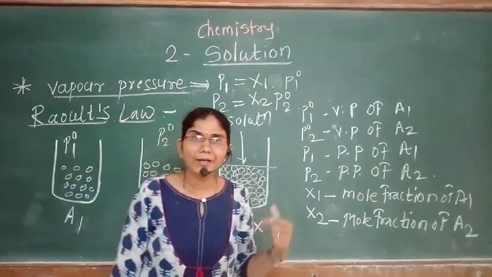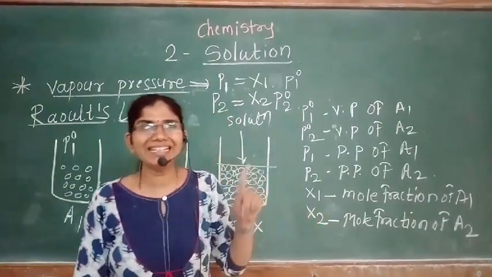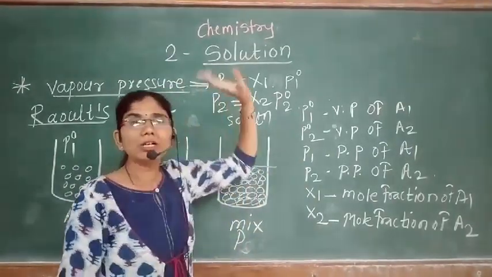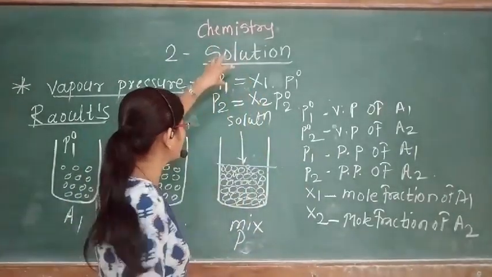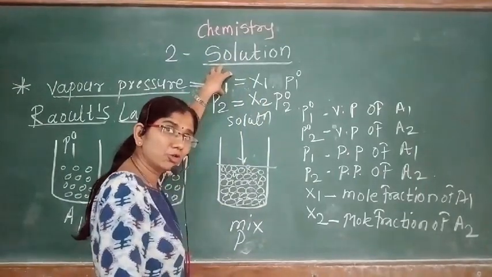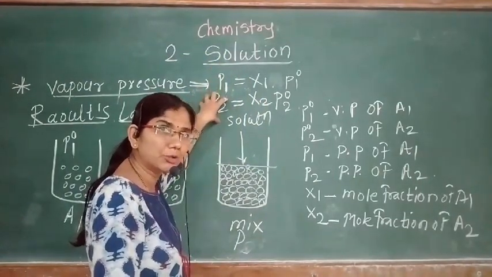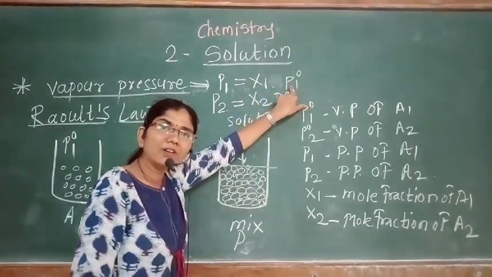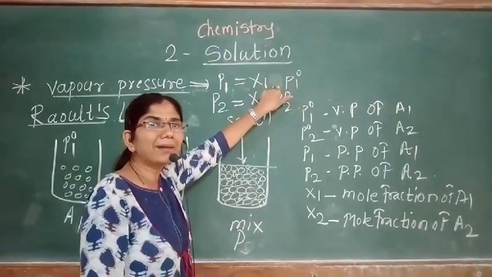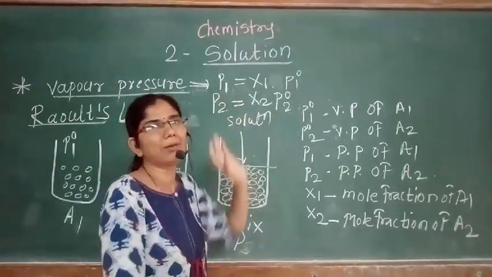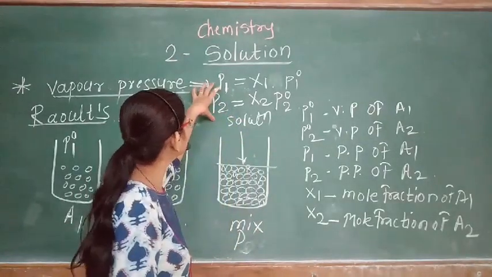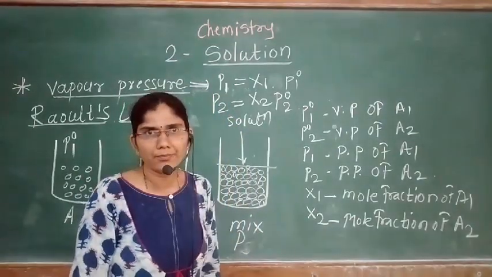And according to Raoult's law, the partial pressure of any volatile component, we can write P1 for A1 and P2 for A2, is equal to the vapor pressure of that component multiplied by the mole fraction of that component in that solution. So this is the statement of Raoult's law.